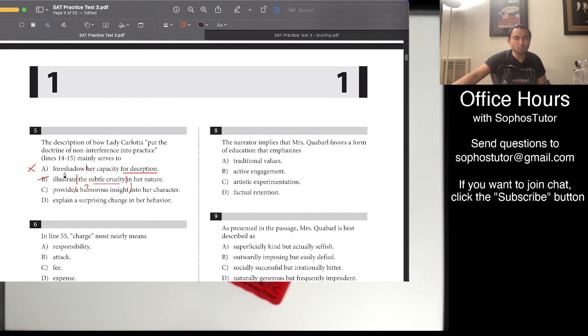Again, even though there were foreshadowing, there's usually, when it comes to fiction, writers tend to preface these ideas. They try to make their characters consistent. And so I don't think I see deception. Like, if I had to lean between these two, I would definitely eliminate A first.